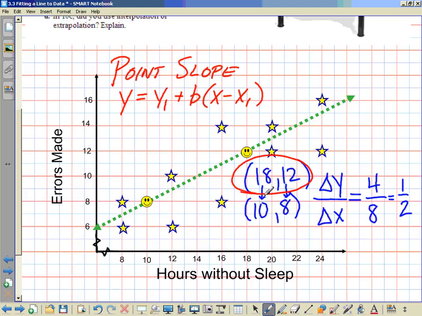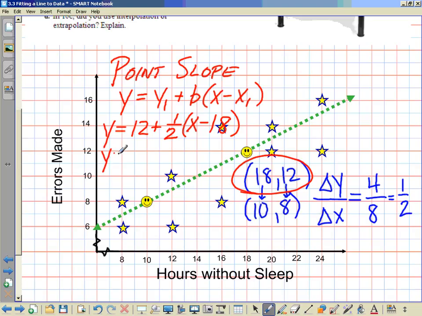So let's use this point, 18, 12. 18 will be our x1. 12 will be our y1. Let's plug in 12 for y1. The slope that we found is 1/2. And then we have x minus our 18.